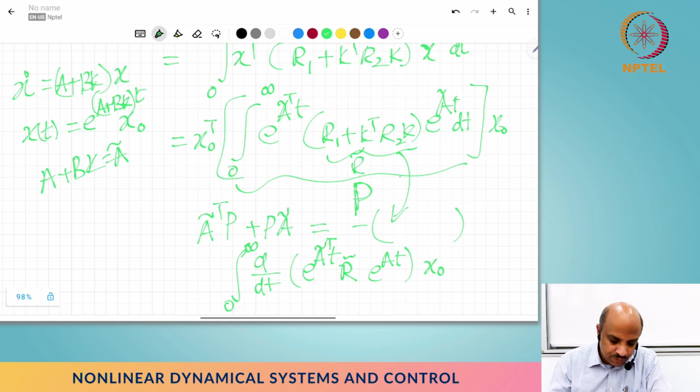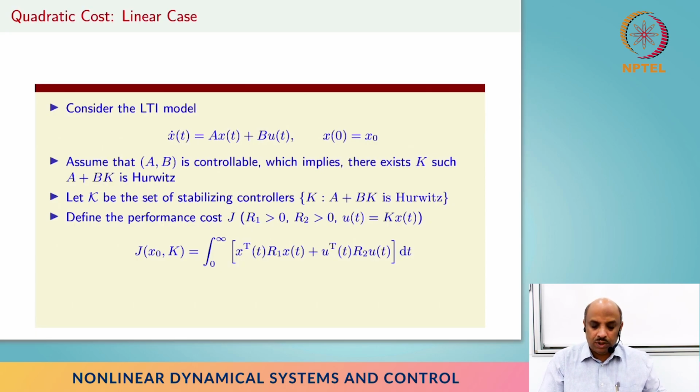When we integrate this, at infinity that's going to be 0, and this is simply this particular quantity minus R tilde. We have seen this one without any control before, and I'm just repeating that argument so that you understand this.